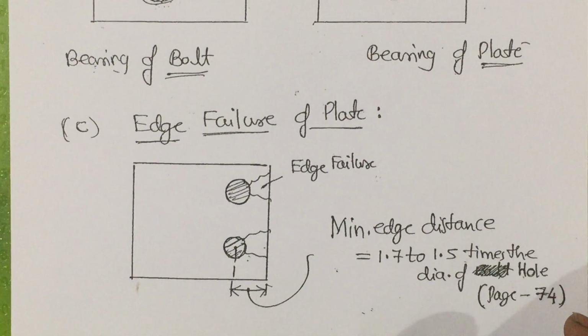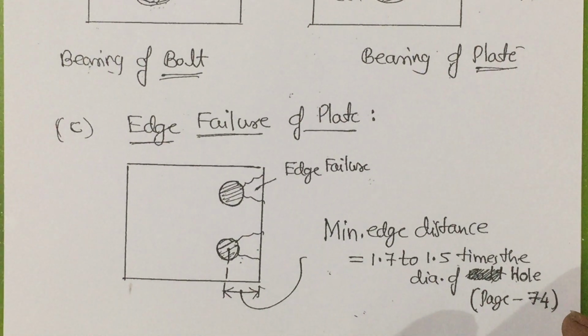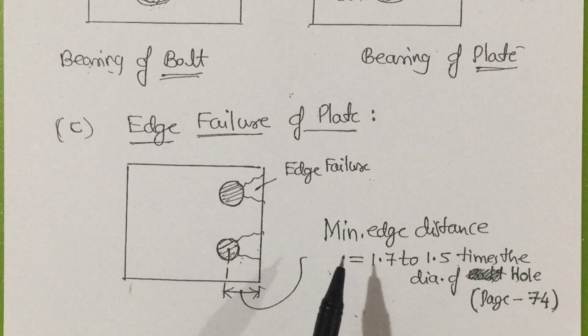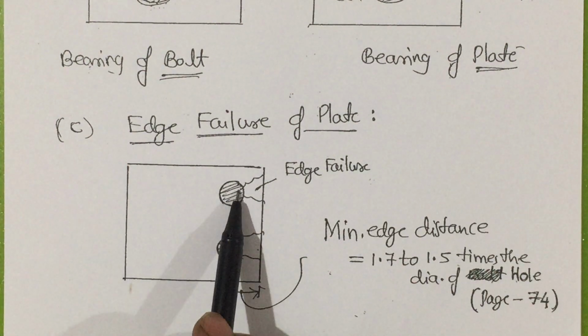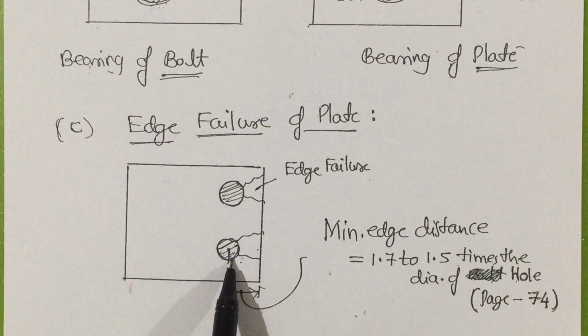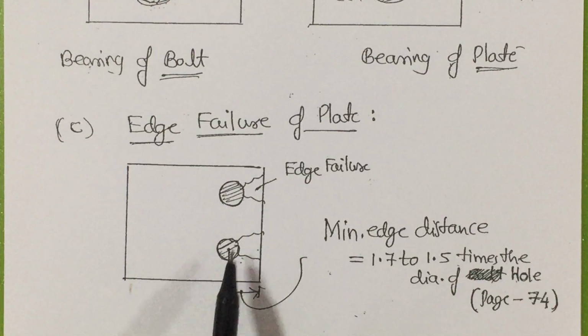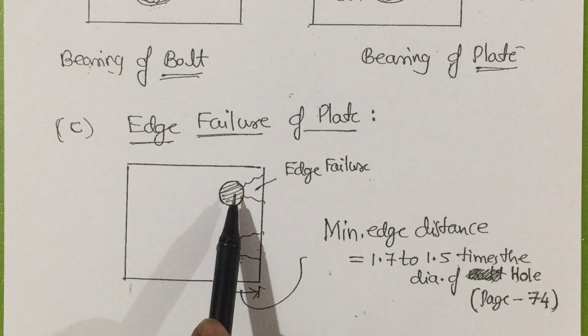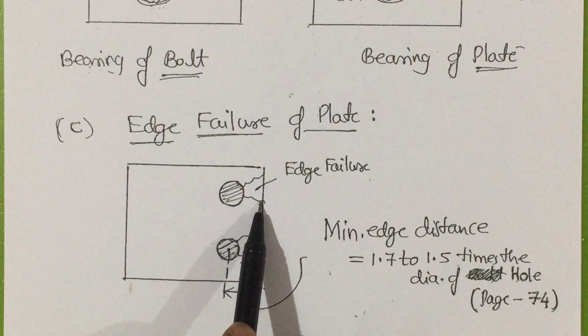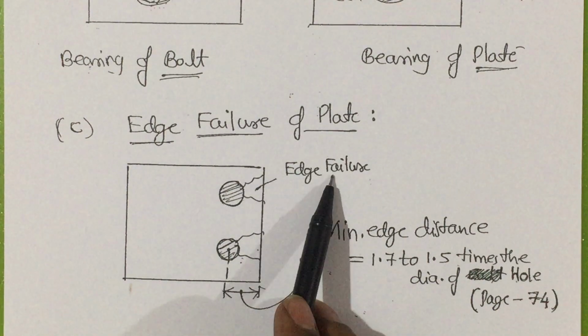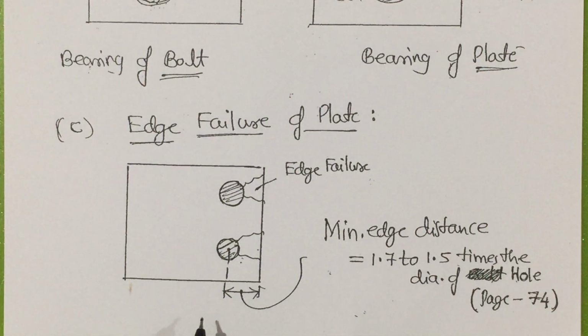Then we come across edge failure of the plate. What do you mean by edge failure? Suppose we consider this plate, and the bolt holes are provided at the edges. Then due to various actions, it may cause cracks at the edges of the plates. We call that edge failure of the plate.